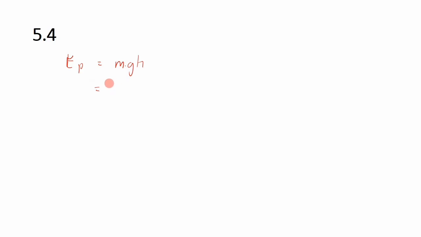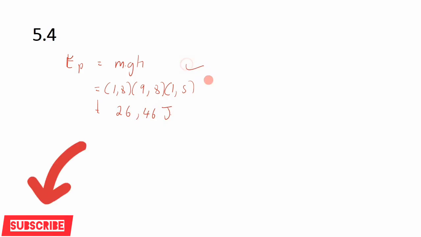The mass of the object is 1.8, and our gravitational acceleration is a constant, 9.8. And then what is our height? That's 1.5, which we are given there. Then 1.8 times 9.8 times 1.5 is 26.46 joules. Nice. So that is for 3 marks.